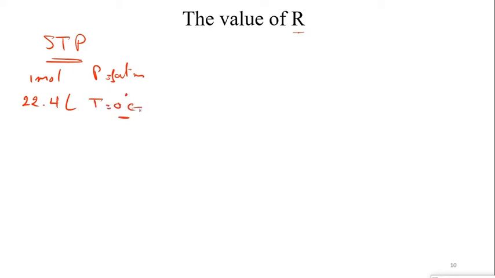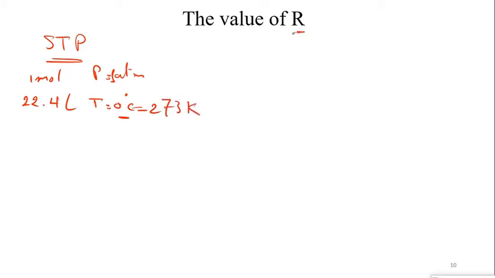But what is the value of this R? For finding the value of R, I have to assume the STP conditions. The STP conditions state that you have 1 mole of gas that will have a volume of 22.4 liters at pressure equal to 1 atmosphere, and temperature equal to 0 degrees centigrade, which is equal to 273 Kelvin.